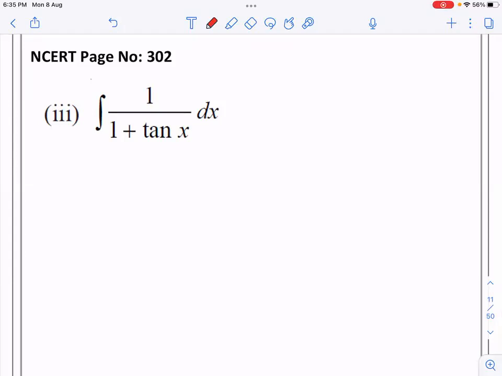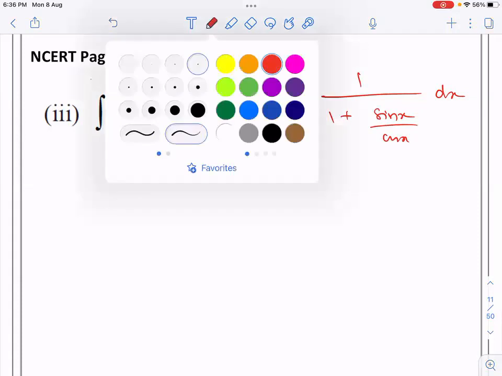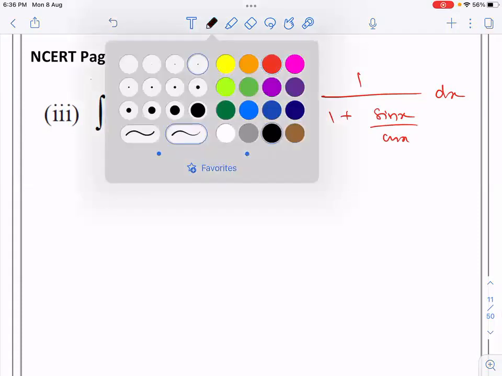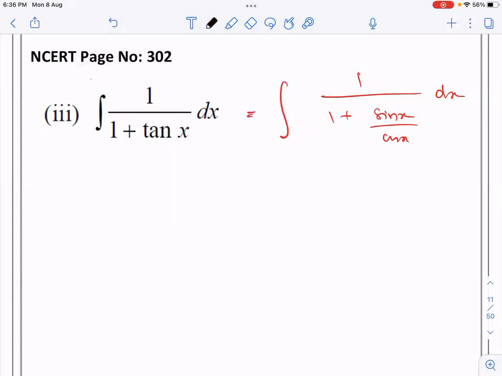So the integral of 1 divided by 1 plus tan x. Proceed.